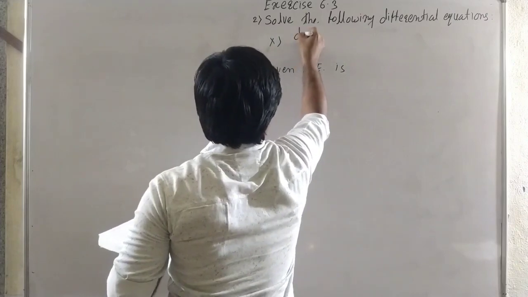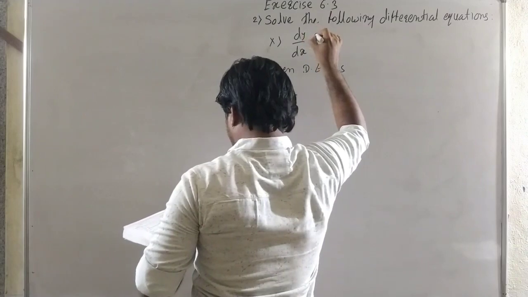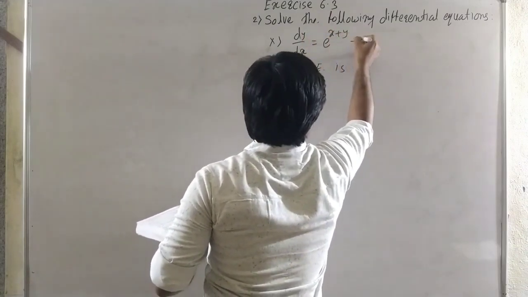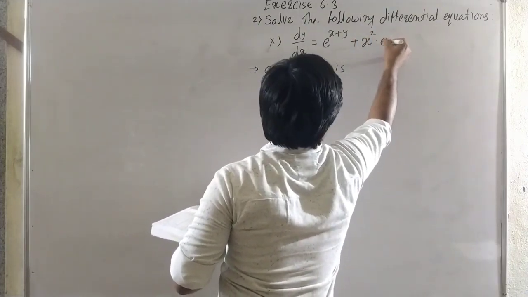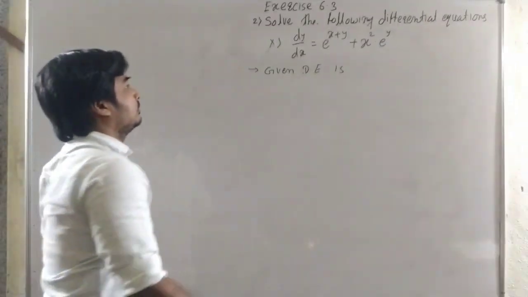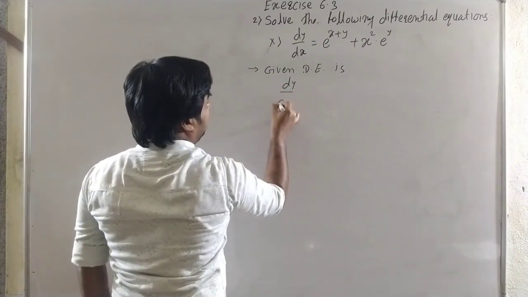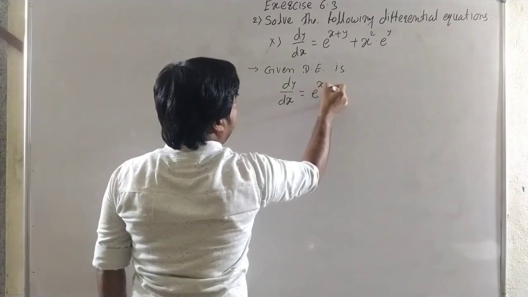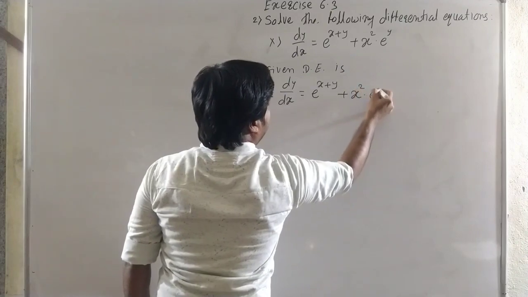dy by dx is equal to e raised to x plus y plus x square into e raised to y. Here the given differential equation is dy by dx equal to e raised to x plus y plus x square into e raised to y.